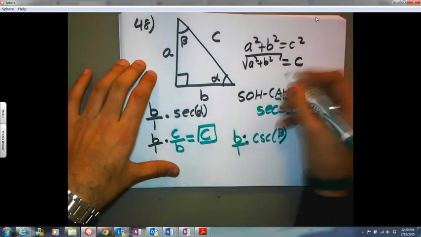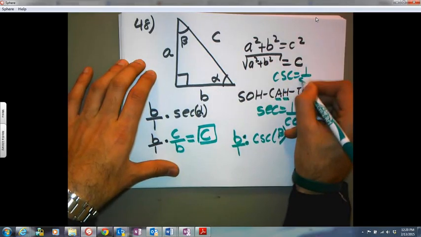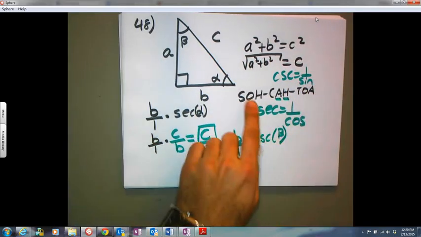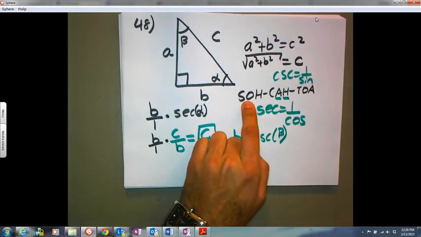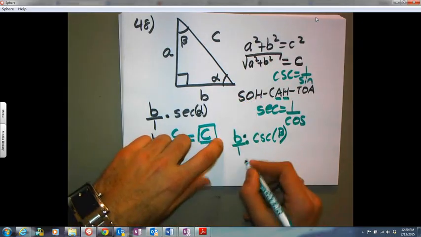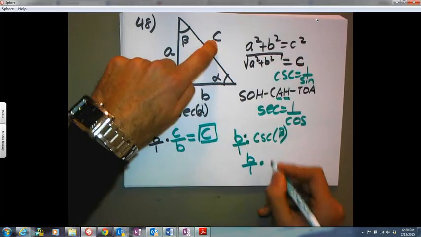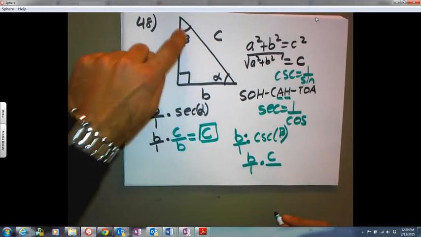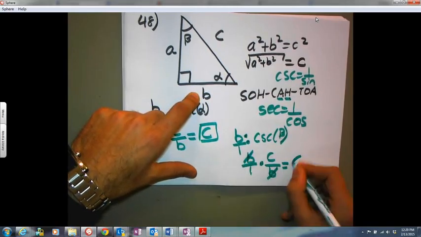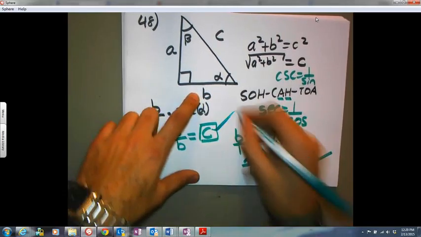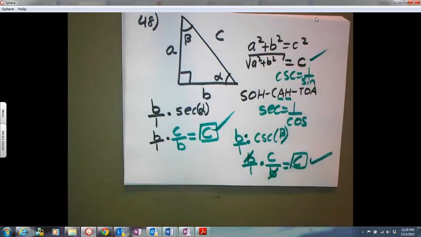So if sine is opposite over hypotenuse, cosecant must be hypotenuse over opposite. So b over 1 times hypotenuse over the opposite of this is this. And there we go. We're in good shape. All 3 work. Correct answer is E. Questions? All right.